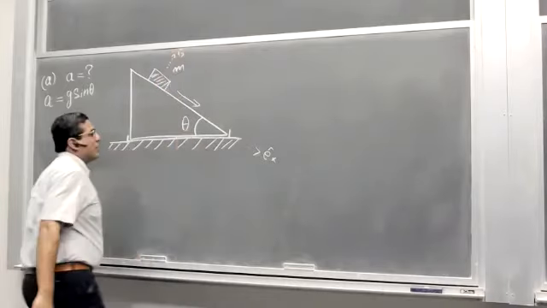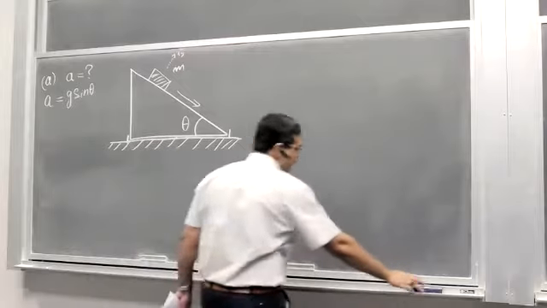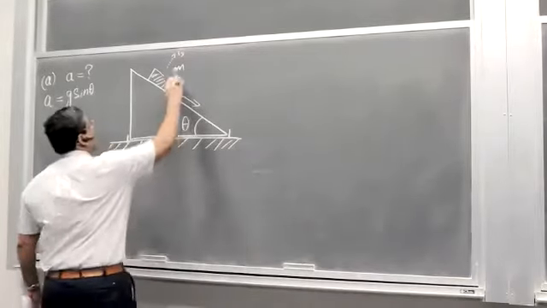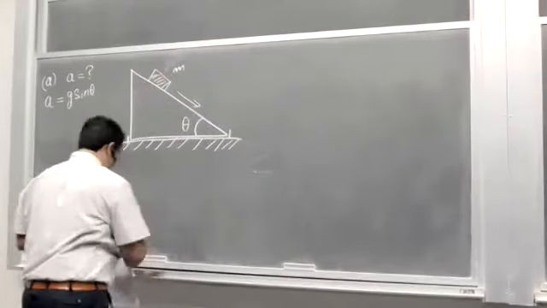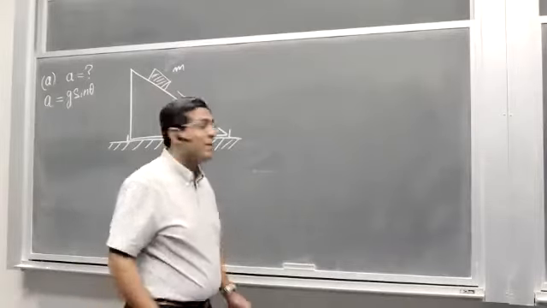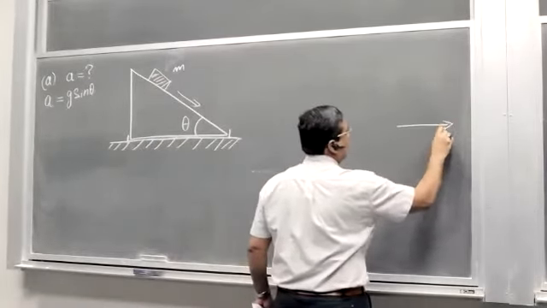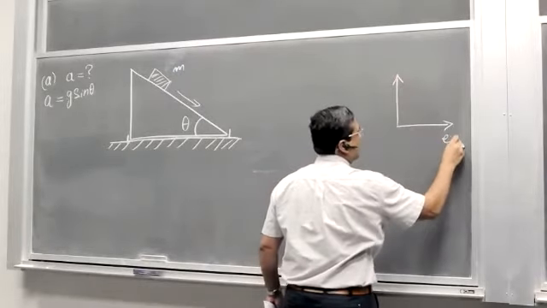But let's not tilt the axis and try to solve this problem in our more conventional choice of the coordinate system. So if we choose the coordinate system like this, we have x in this direction and y in this direction.